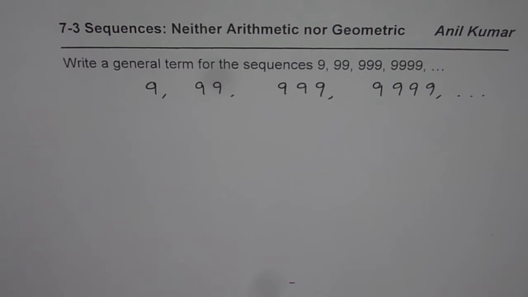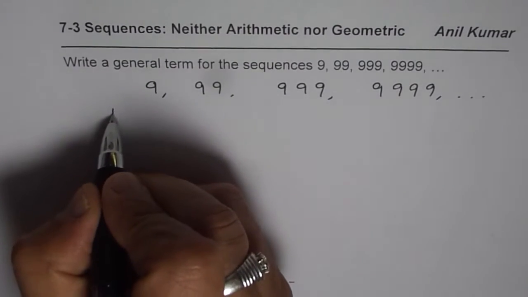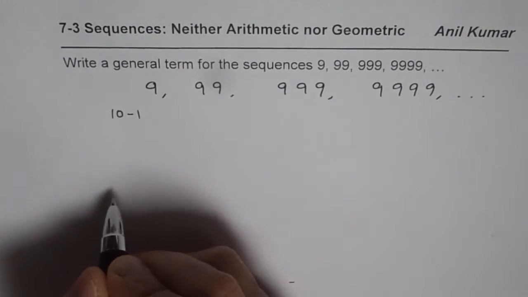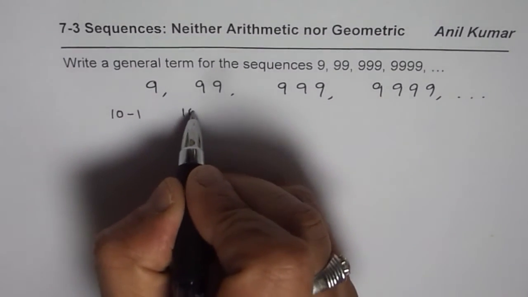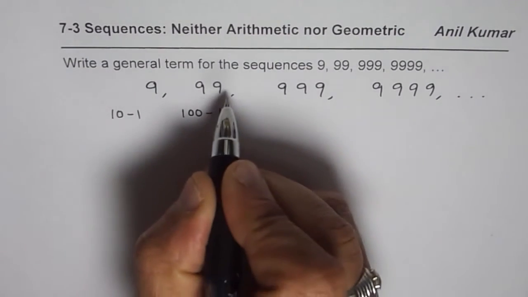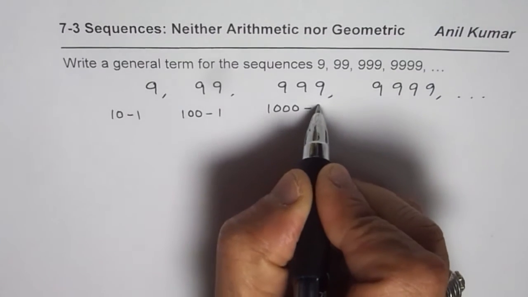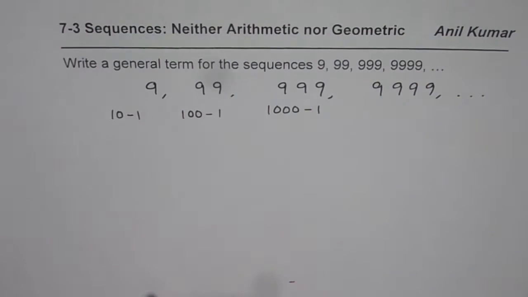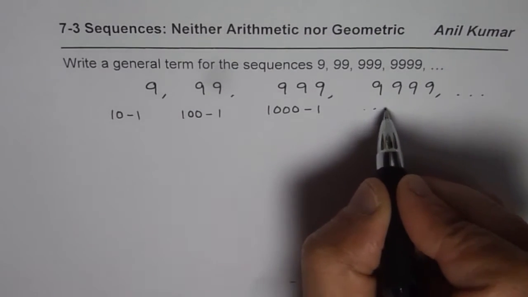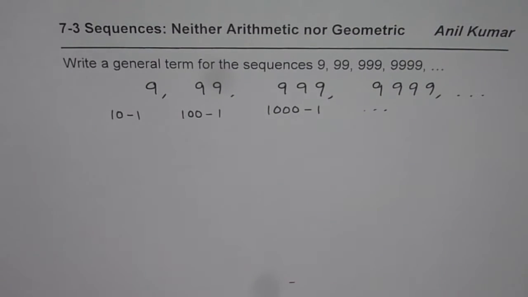Well, one way is that if I take away 1 from 10, I get 9, and if I take away 1 from 100, I get 99, and if I take away 1 from 1000, I get 999. Similarly, if I follow this pattern, I do get these terms. Do you get the idea?